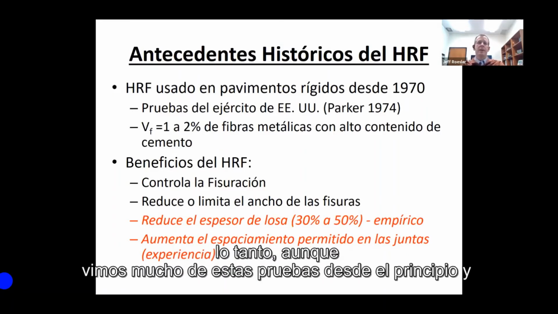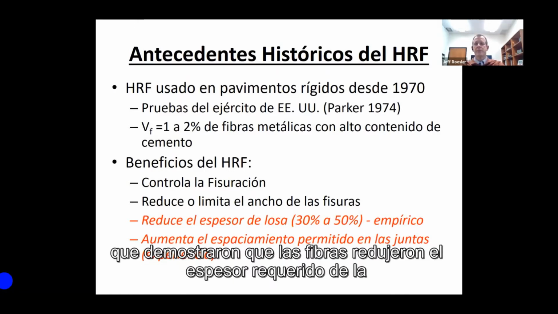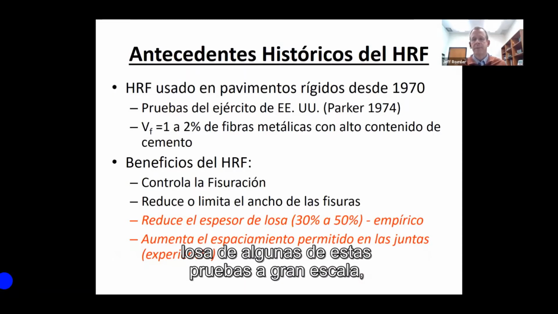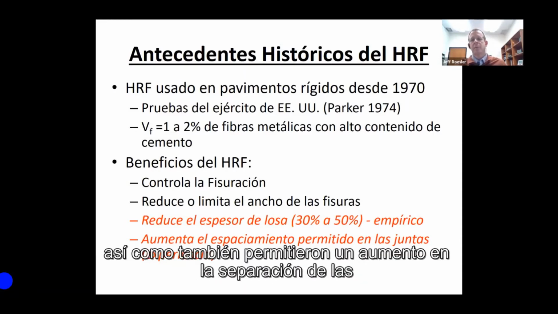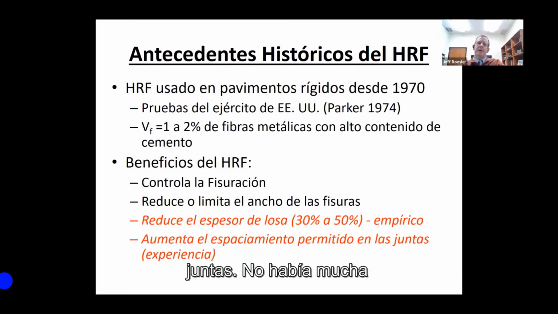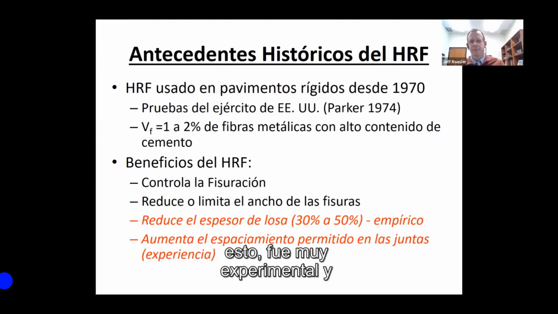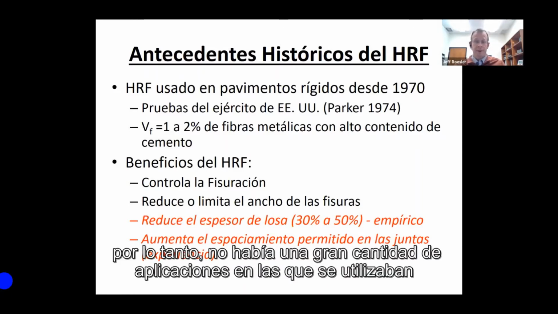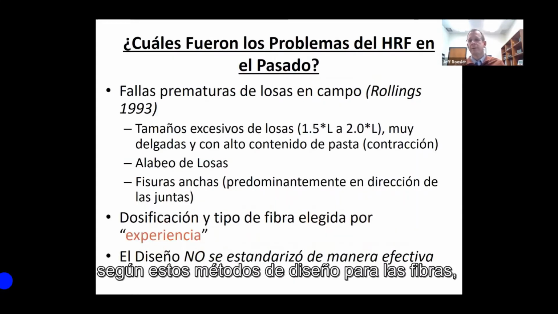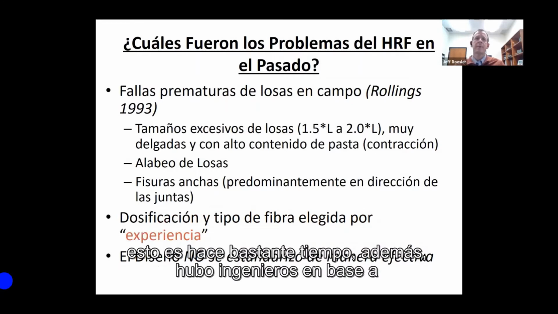Although we saw a lot of early testing demonstrating that fibers reduced the required slab thickness in some of these full-scale tests, as well as allowed for some increase in the joint spacings, there wasn't much of a mechanistic understanding of why this was happening. It was very experiential, and therefore there weren't many applications used in design methods for fibers for quite some time.